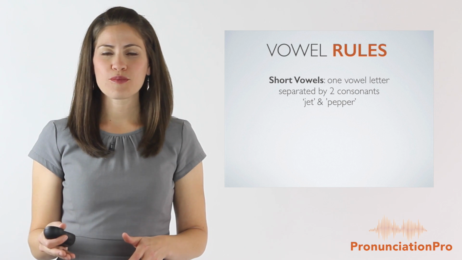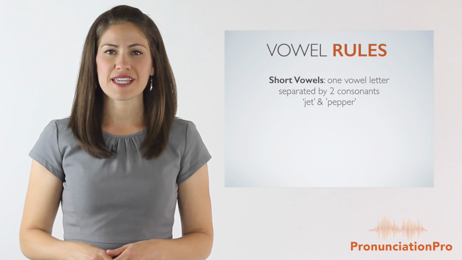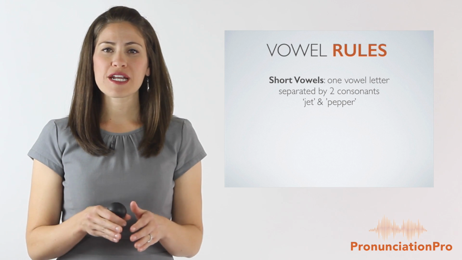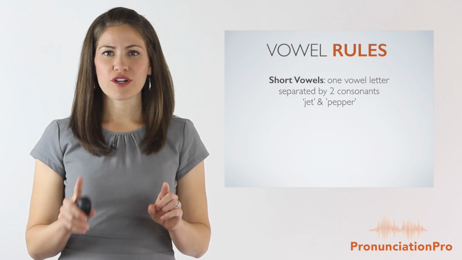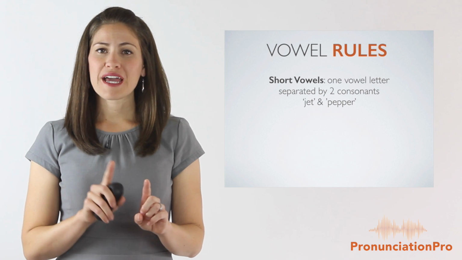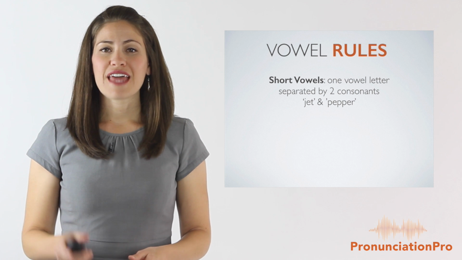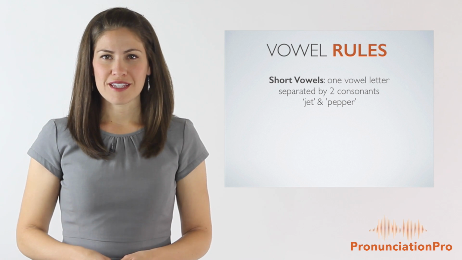Now this can also be the case, that sound will also be a short pronunciation if it is separated by two consonants. So if another vowel sound is there in the same word, but those vowels are separated by two or more consonants, then those vowels will get the short pronunciation.